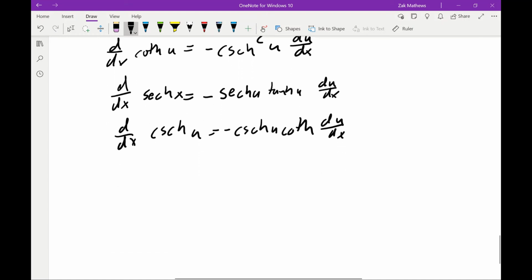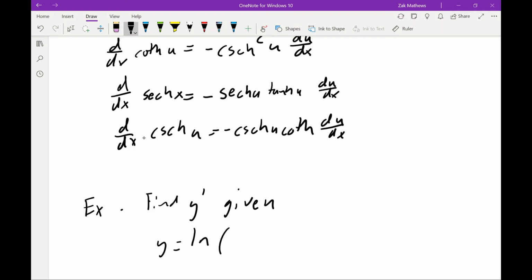So let's just do a couple examples with each of these. Let's say we want to find y prime given y equals the natural log of the coth of 3x.